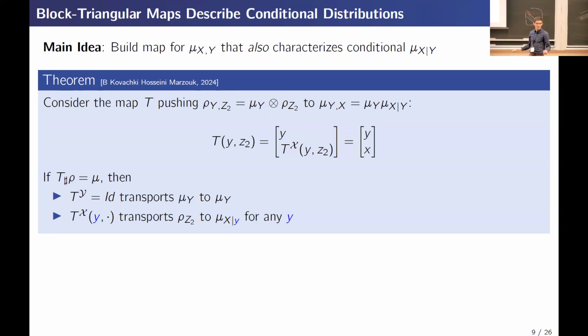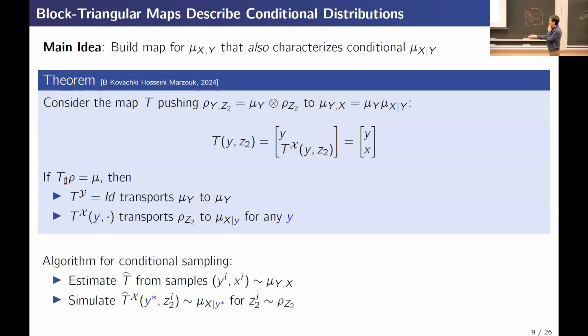So you could just take one map to be the identity. And then this second component is really just explicitly a function of the variable that you want to condition on, and maps from the Gaussian, let's say, rho of z2 to the conditional of x given y. In some cases, you can even take rho of z2 to just be the prior. So then you really have this prior to posterior map as we discussed yesterday.